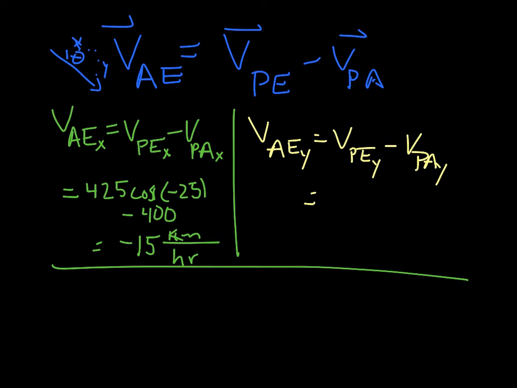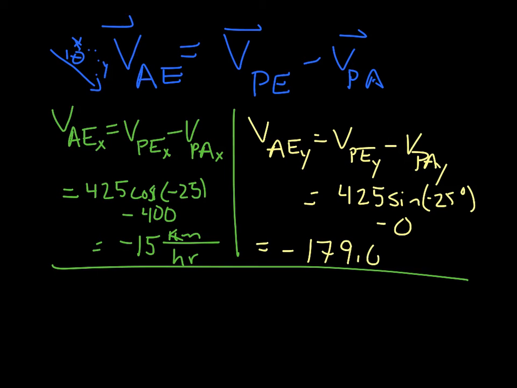Similarly, if we work the y direction, instead of cosine now, we're going to use 425 times sine of negative 25 degrees minus, well in this case it's 0, because the plane's not flying up or down, it's only flying to the right. Up or down would be north-south in this case. Good. And then we'll find out that this is equal to negative 179.6.